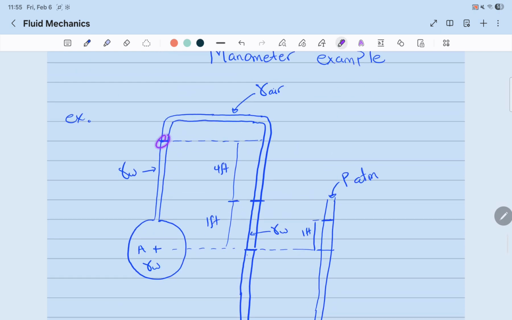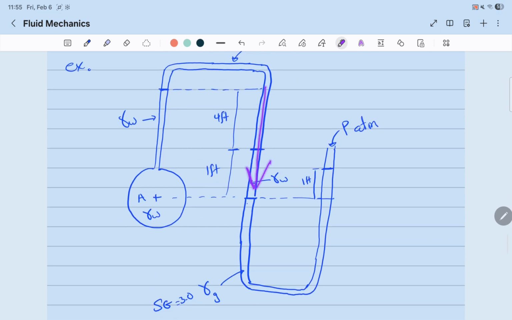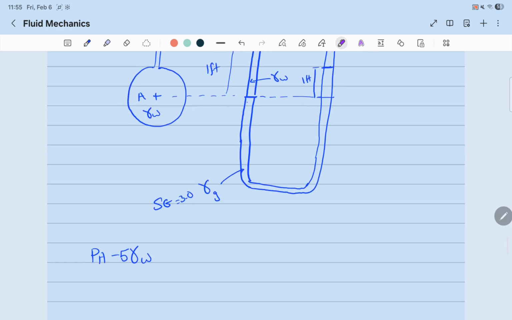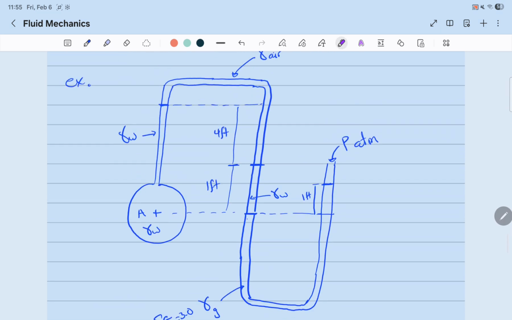Now we reached this point here. Since this point and this point are in the same horizontal plane and they're the same fluid, here it's air and here it's air, then the pressure at this point is the same as the pressure at that point. So we can start from this point and go downwards. Since we're going down, pressure will increase, so it will be plus 4, that's the height, where air ends here.